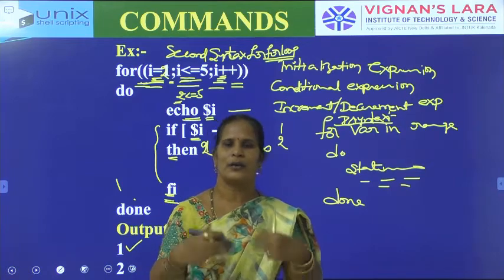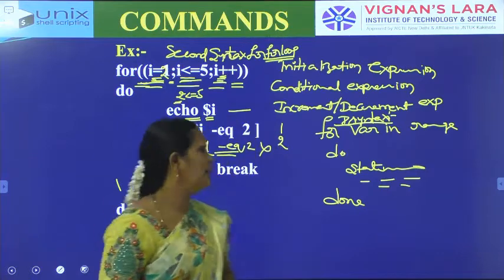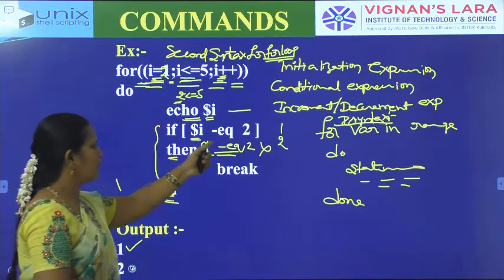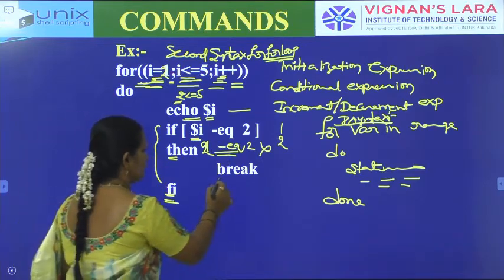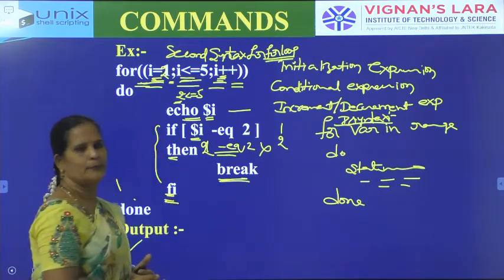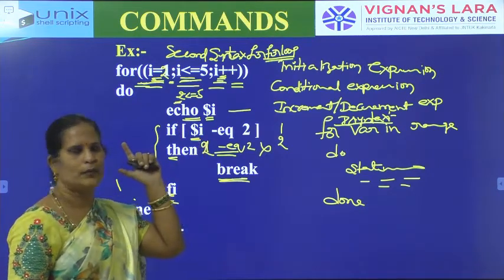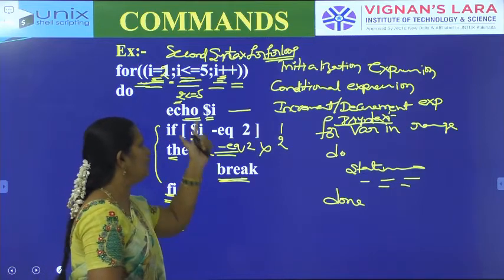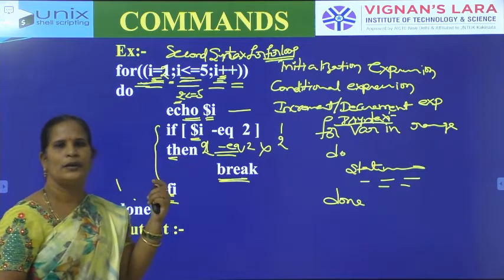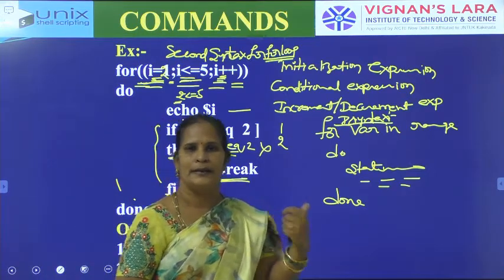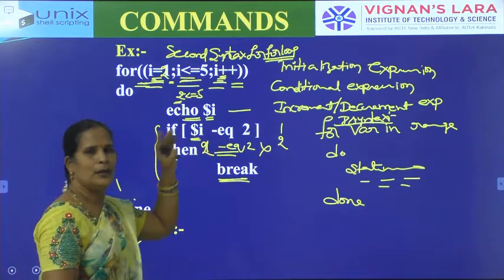It executes all the statements specified up to the break statement. If the condition expression returns a true value and we specify the break statement immediately after, then based on the returned value it executes the break statement. Here the condition returned true, so the break statement is executed and terminates the entire execution of the loop. Simply the control comes out of the for loop. So the output for this program is only 1 and 2.